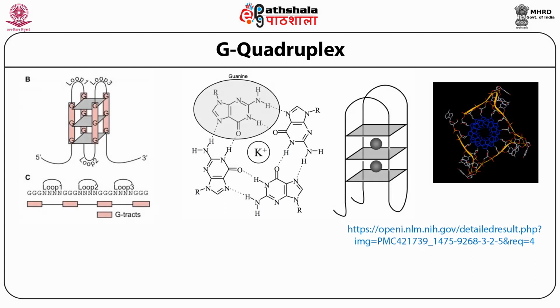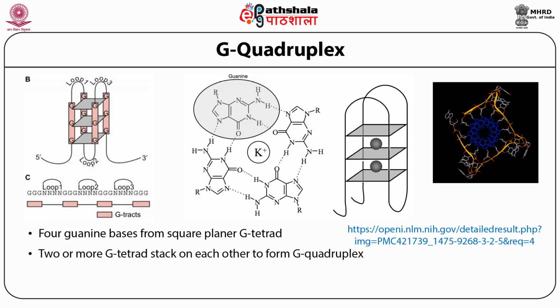This shows a long polynucleotide chain where you have different loop regions and different regions with guanine rich sequences. And what happens is that, regarding the loop region, all these Gs come together and form a very nice tetrad, and eventually they form this quadruplex moiety.